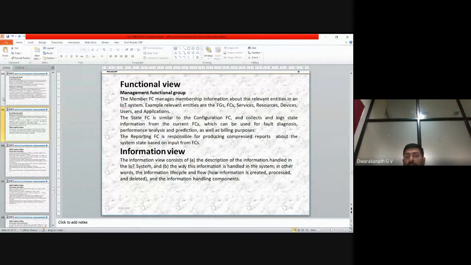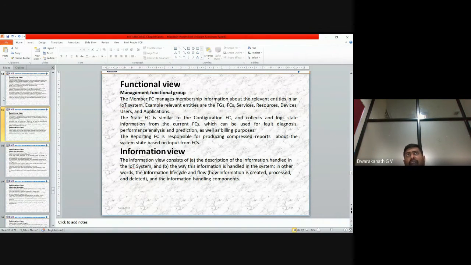The information view consists of what we are going to study: the description of the information handled in the IoT system. What is the information that has been handled in that entire IoT system? The way this information is handled in the system, in other words, the information life cycle and flow.